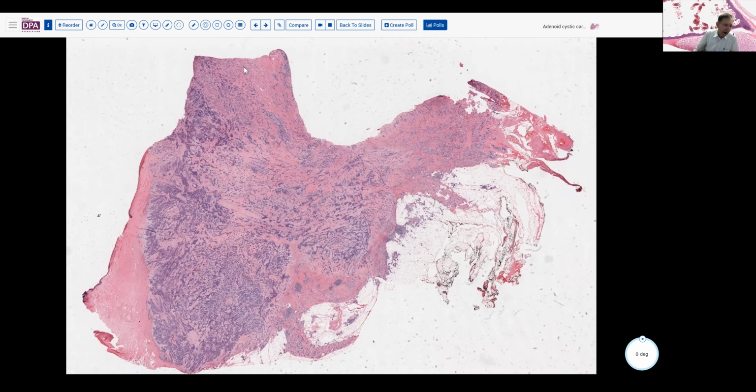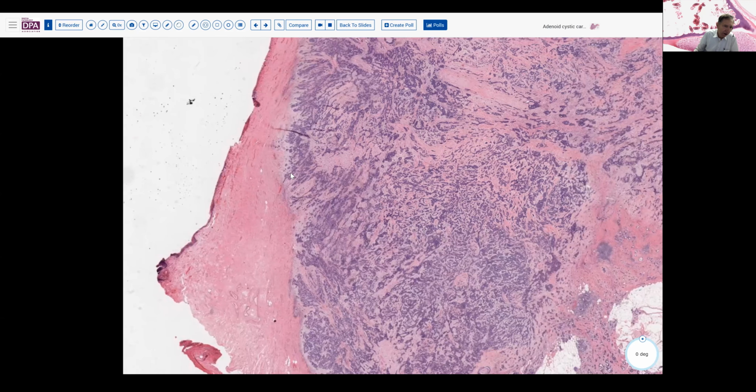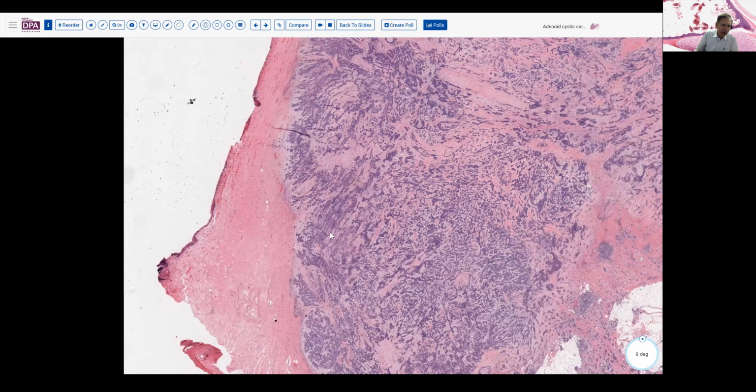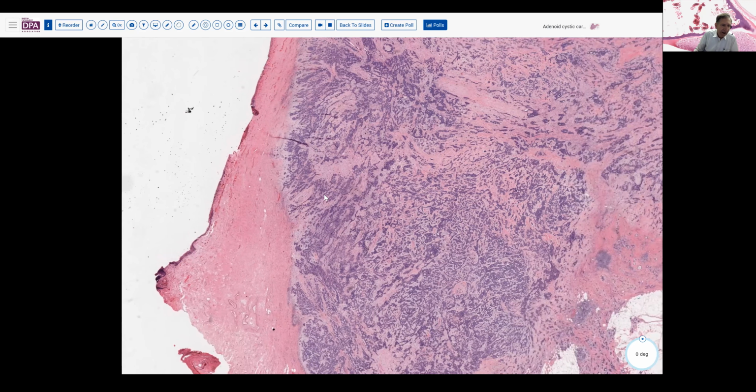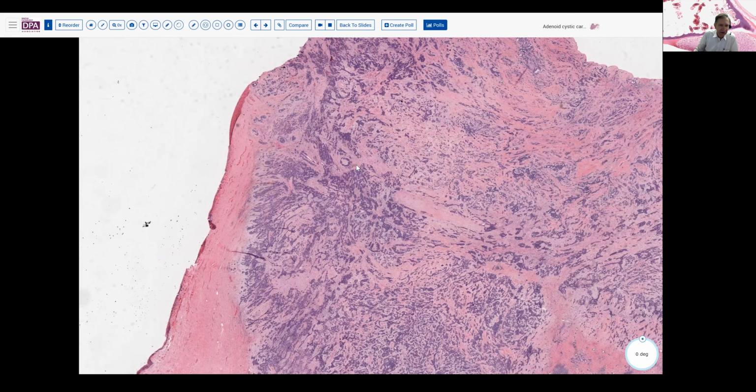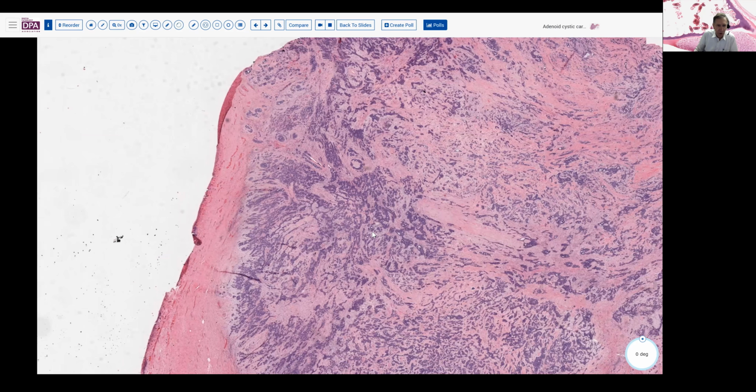This is obviously involving the skin and subcutaneous tissues. It's not clear whether it arose in the skin, but there is a little bit of cutaneous tissue remaining here. But it seems to be centered in the deep dermis, and it has this infiltrating, fibrosing pattern, which we can see at low magnification.